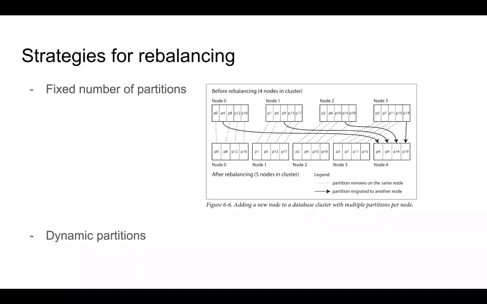Each region server is responsible for one key range, let's say A to B. That particular process will monitor itself: how much data do I have?